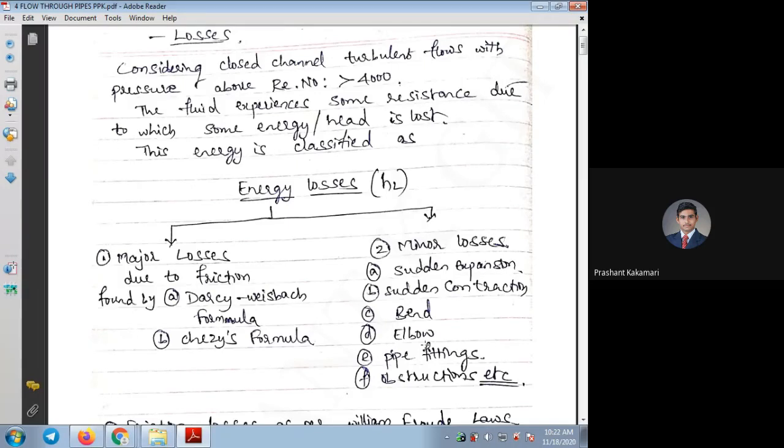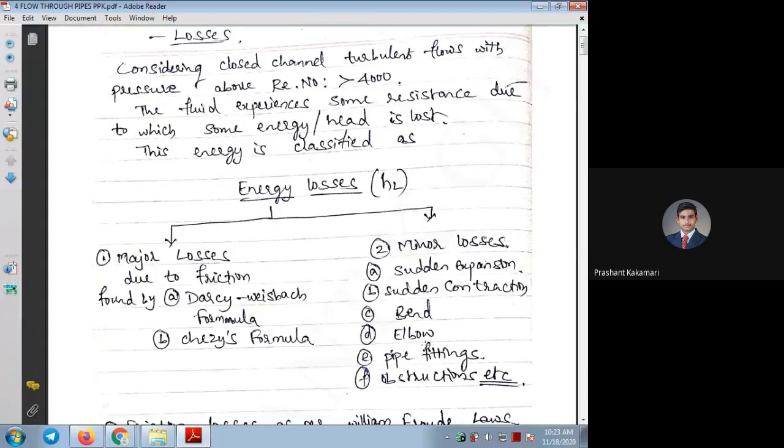Anyhow, these head losses we again find out using the mercury manometer, or the pressure gauges also. That's why we are considering the pipe fittings again, and how the losses are possible.